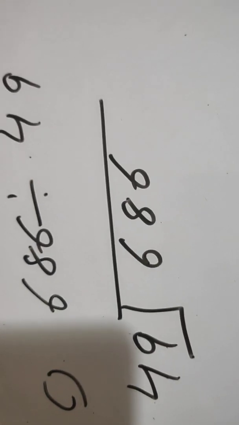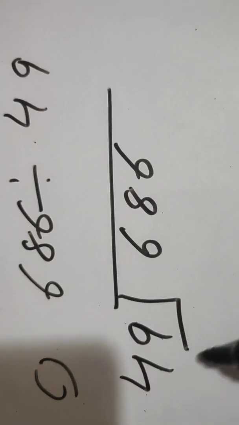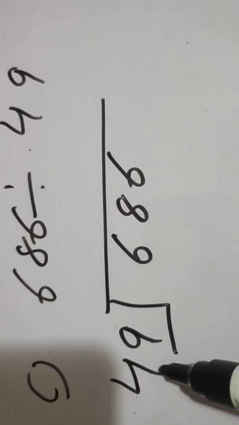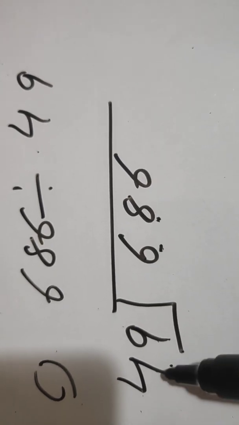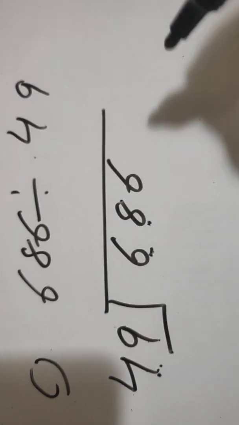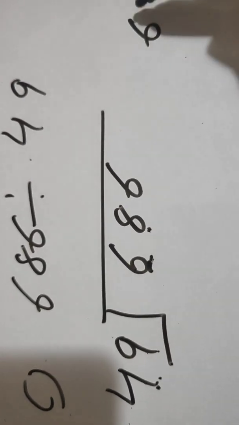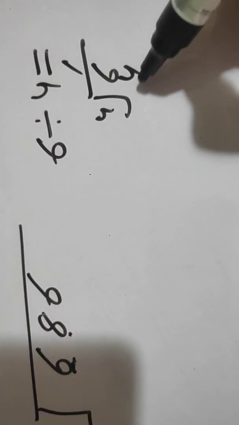And the teacher will say, okay my dear student, no need to worry, we will use the same trick here. Divisor 2 digits, from the dividend also we will take 2 digits. But firstly we will divide the bigger number by the divisor. So 6, first number we will divide by 4. The table goes on. 4 ones are 4.